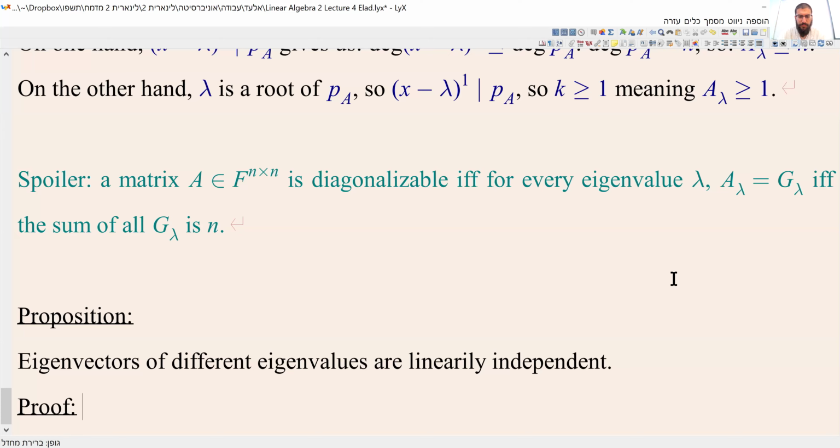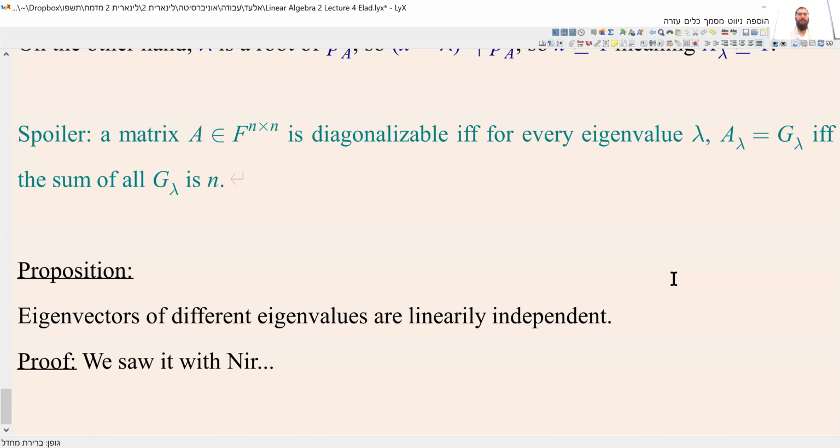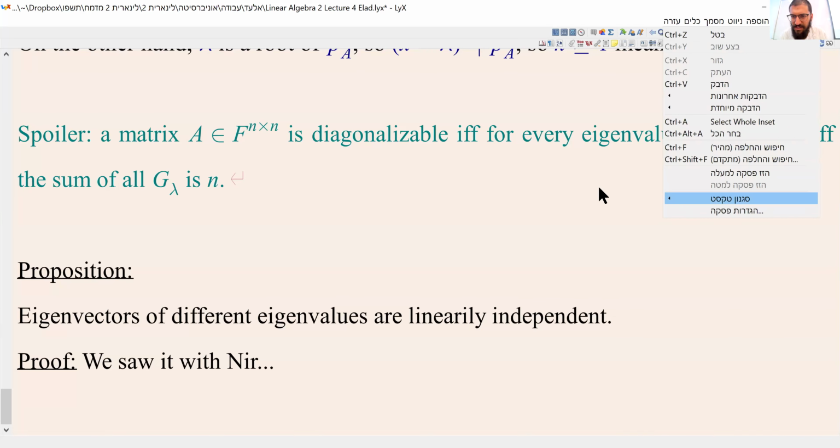We saw it with Nir. You want to write it down real quick? Okay, let's write it down real quick. And we can have a different color, or teal color.